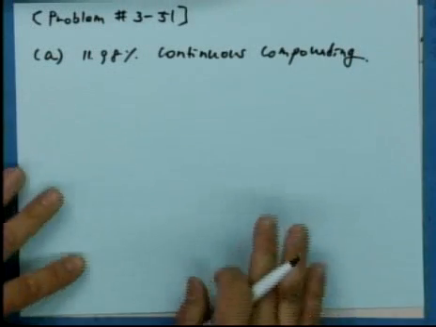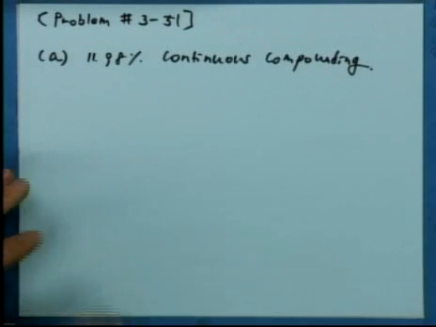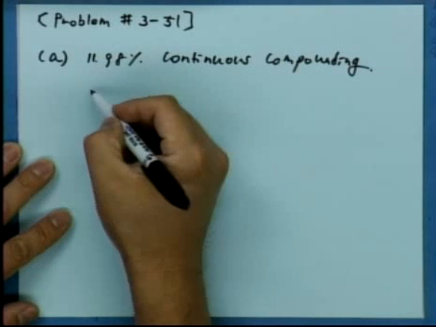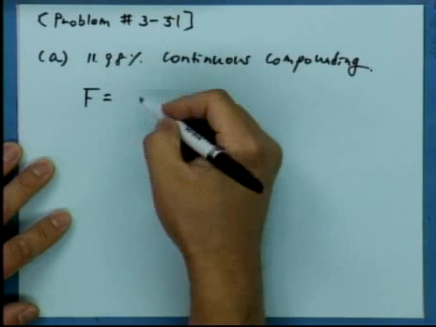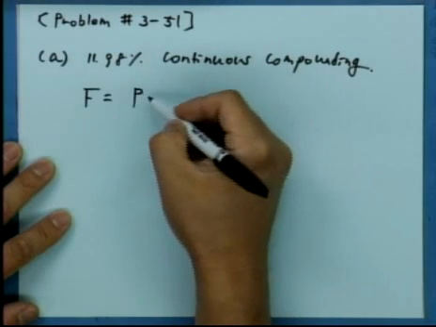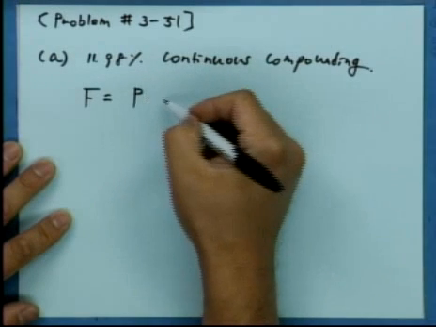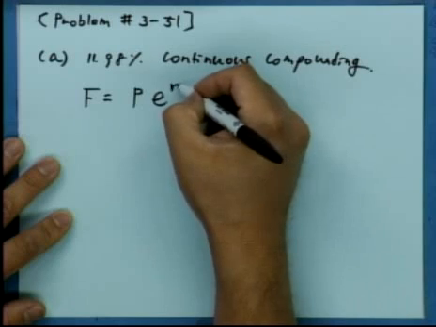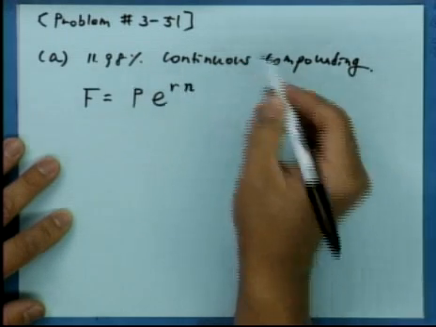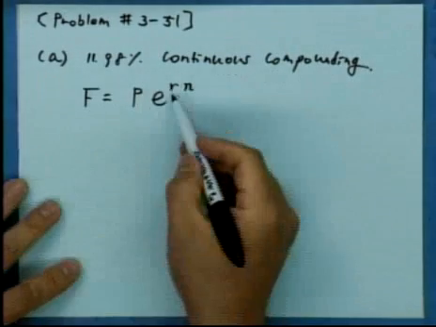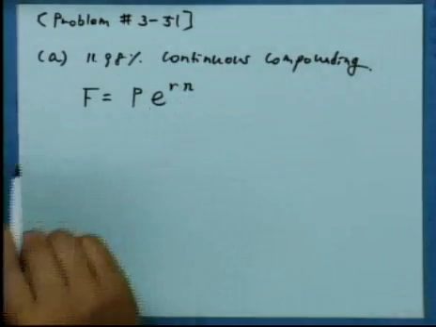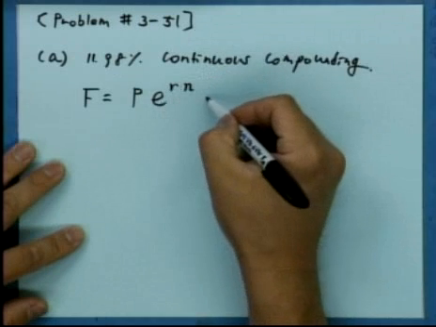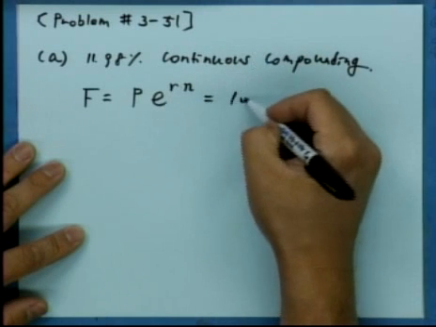So if I use the single payment compound amount equation for continuous compounding, which is F equals present sum P times e to the power R times N. Okay, R is the nominal interest rate, and the P value is given as $10,000, right?